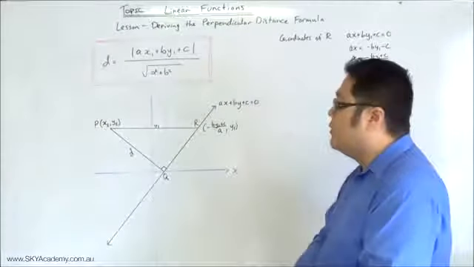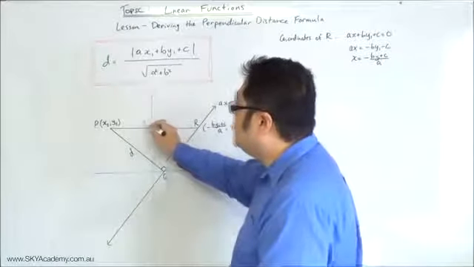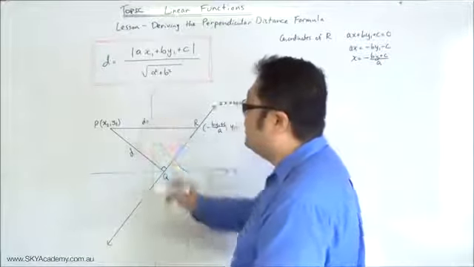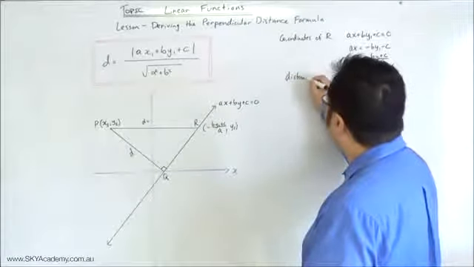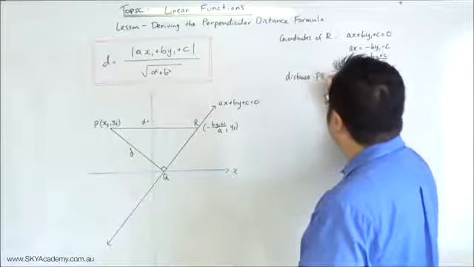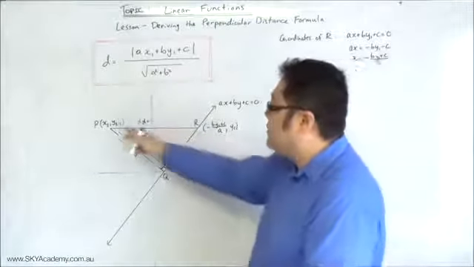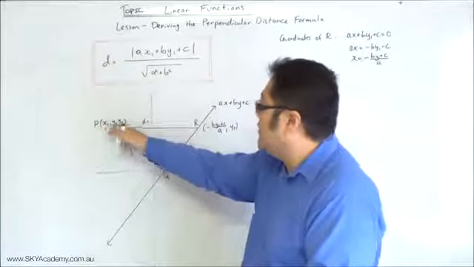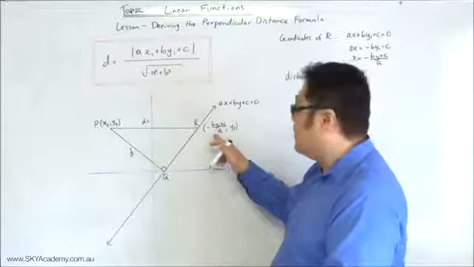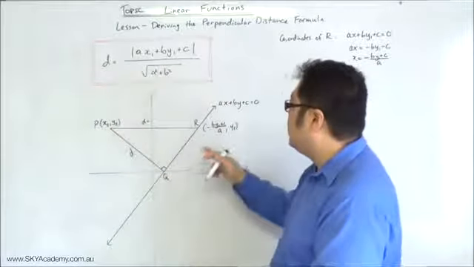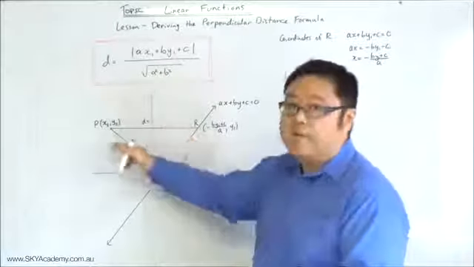Alright. So what would that make this distance here? The distance PR would be equal to basically this coordinate minus this coordinate, yes, it'll be that distance there, right?